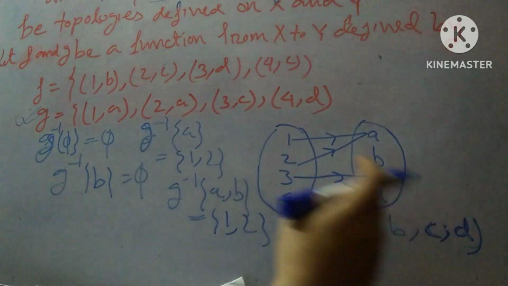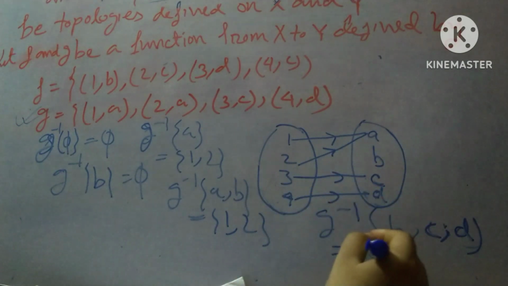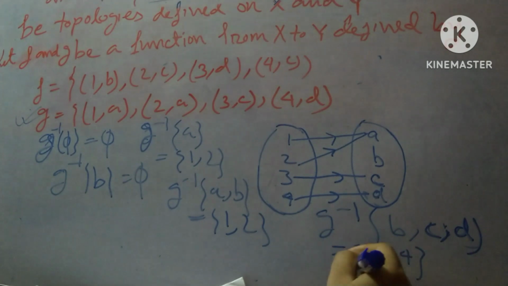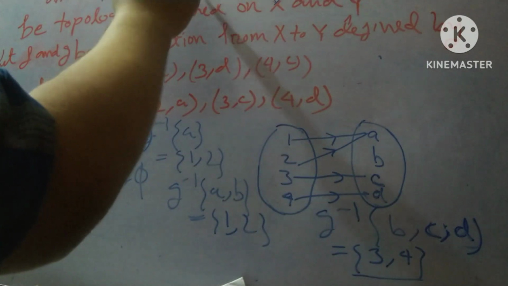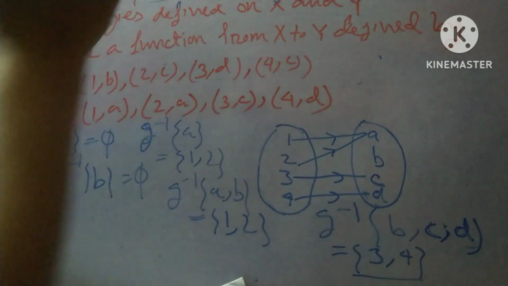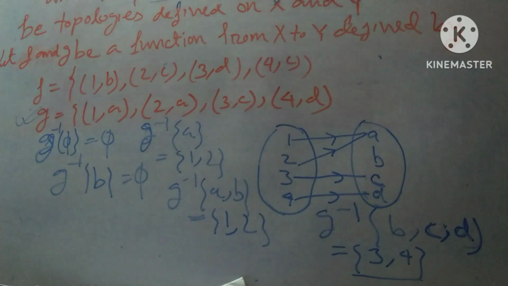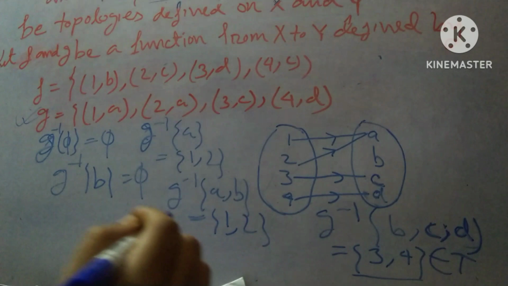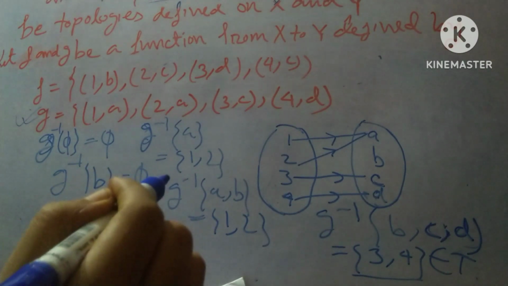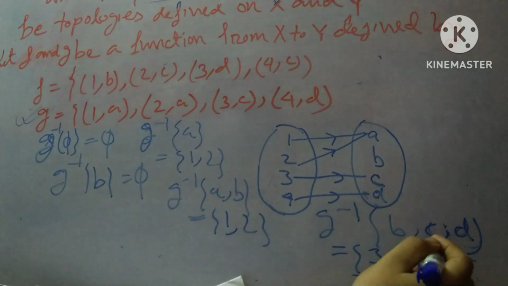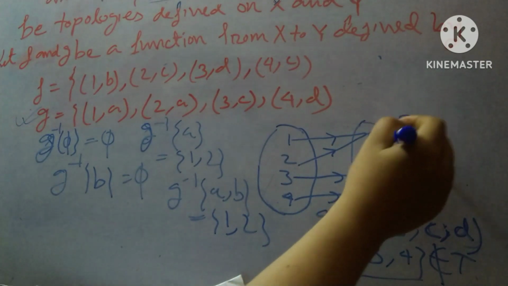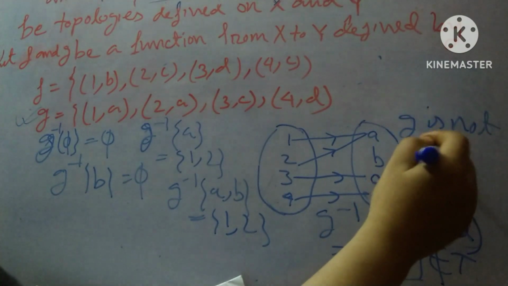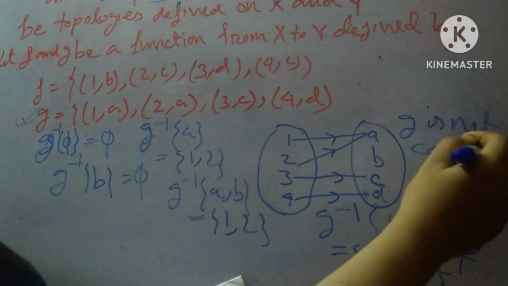So B gives phi, and C and D give {3, 4}. Now friends, {1, 2} is in T, but {3, 4} does not belong to T. So G is not continuous.